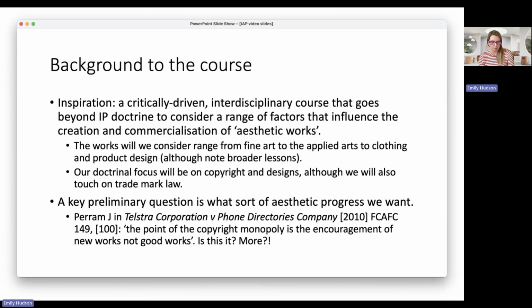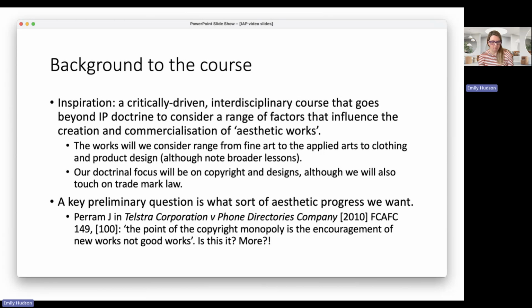But importantly, when you look at standard accounts of why we have copyright law, why we have designs law, what you'll see is the centrality in many of those accounts of incentivization.